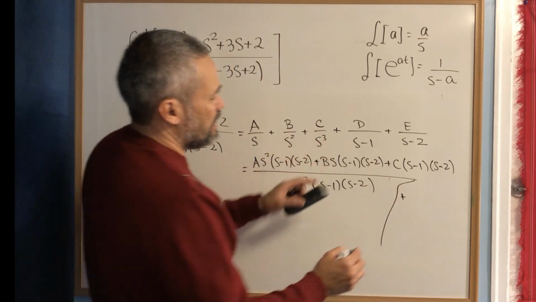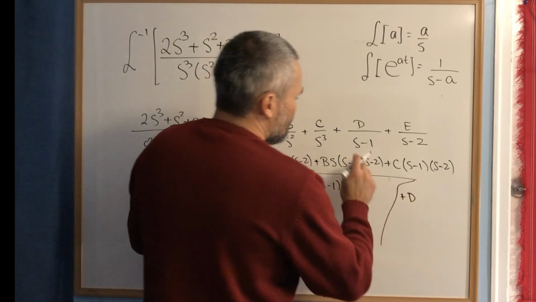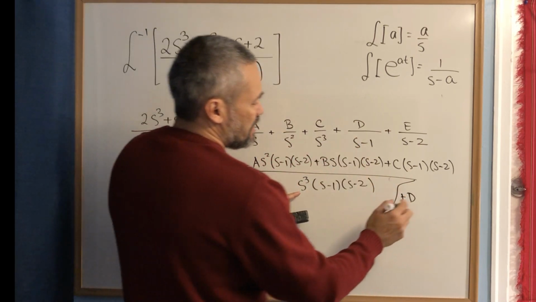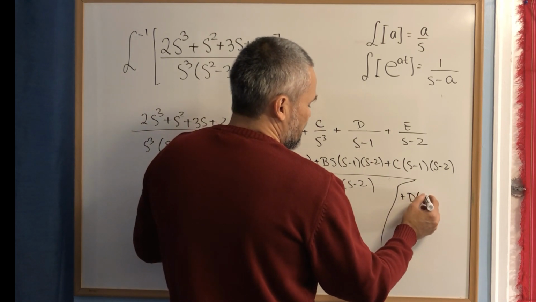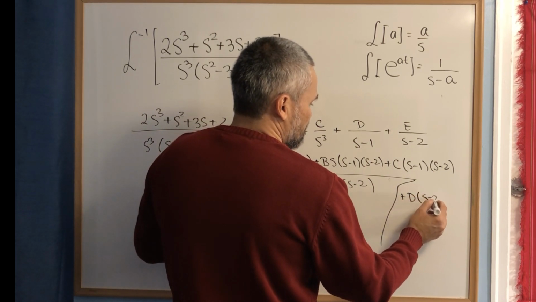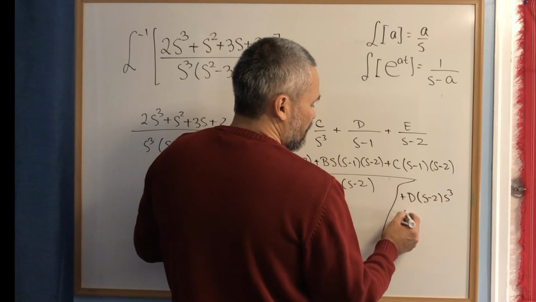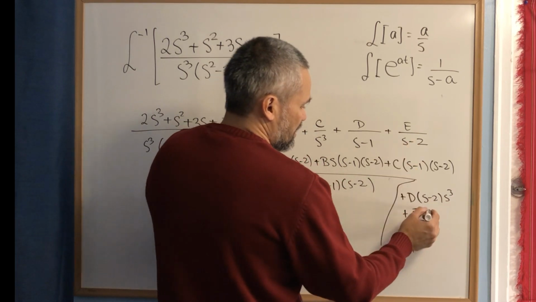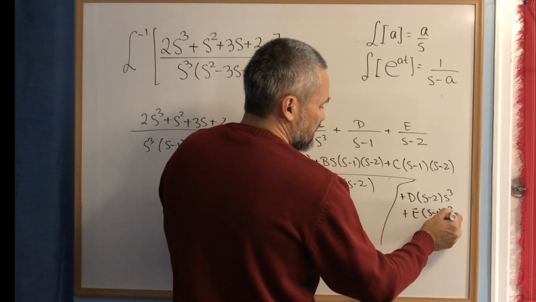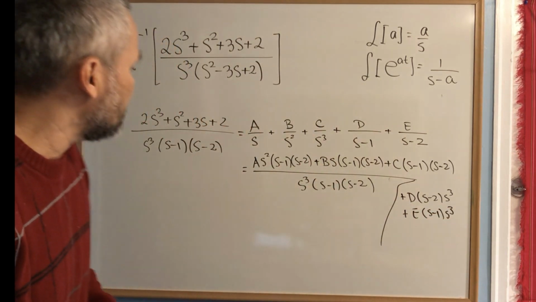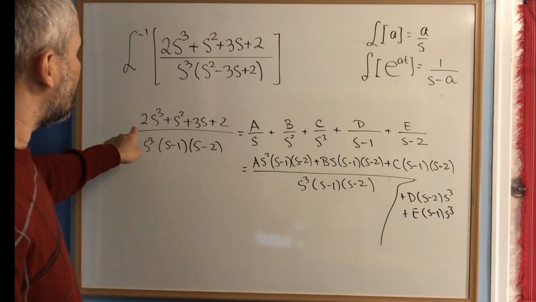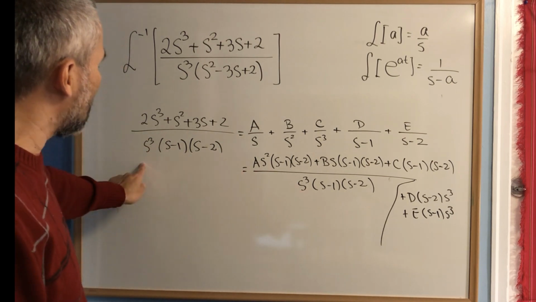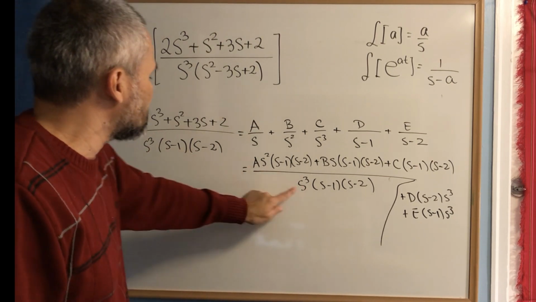Plus d times, what is missing, s minus 1 to be this denominator? Missing s minus 2 times s cubed, plus e times s minus 1 times s cubed. Now we have fractions where the denominators are the same.